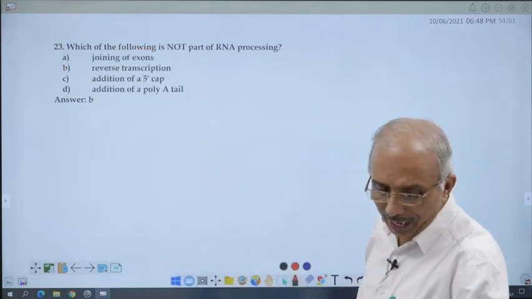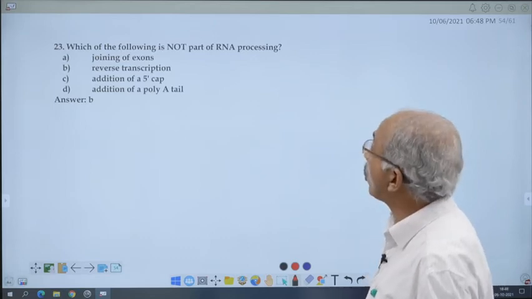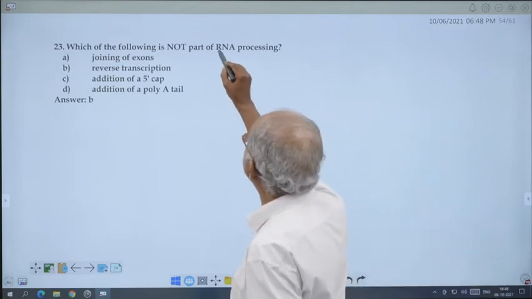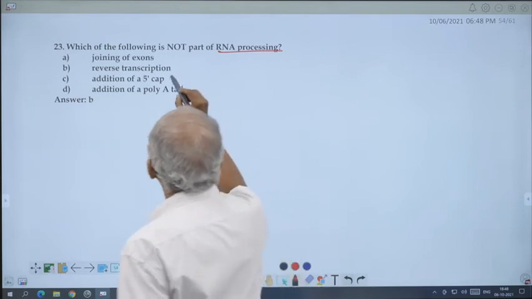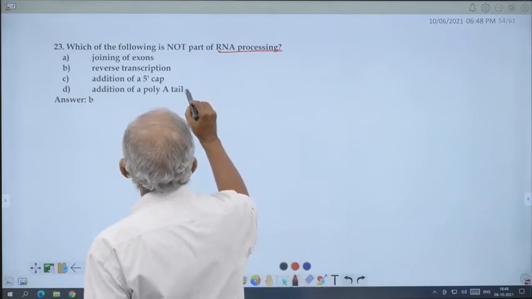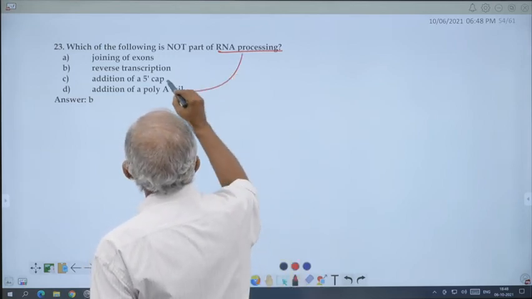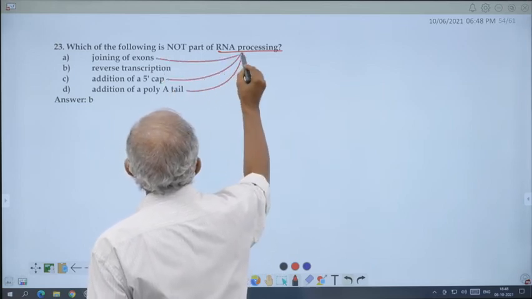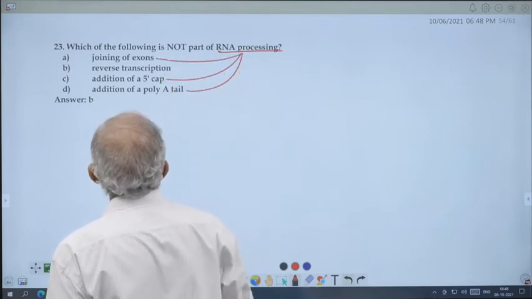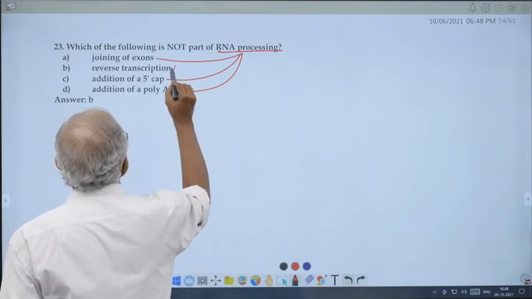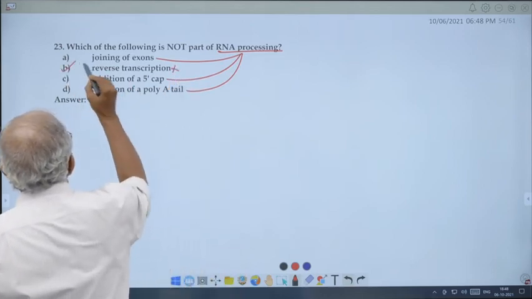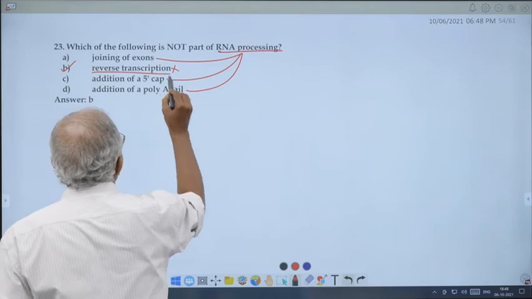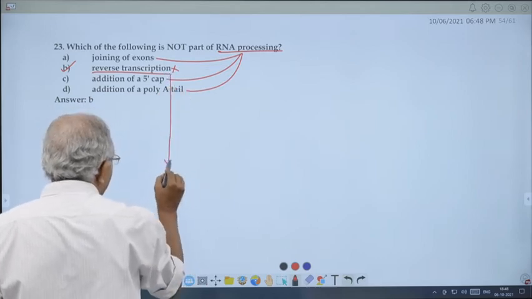Then, which of the following is not a part of RNA processing? RNA processing is tailing, capping, joining of exons. So this is not an RNA processing: reverse transcription. What is reverse transcription?